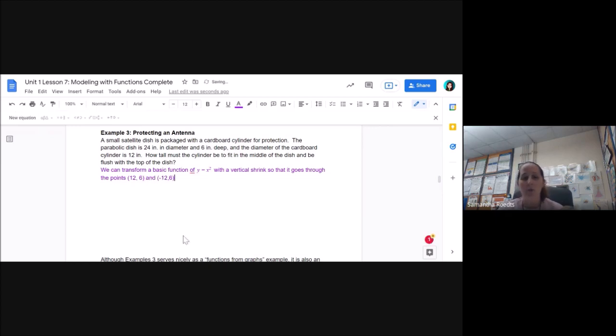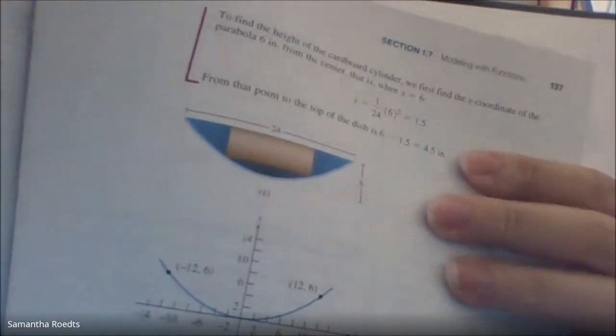I got those points directly from the graph that they showed us. The graph went through the points (-12, 6) and (12, 6). So this produces a graph of the parabola in the coordinate plane. Let me show you in the picture. I got those from this graph right here.